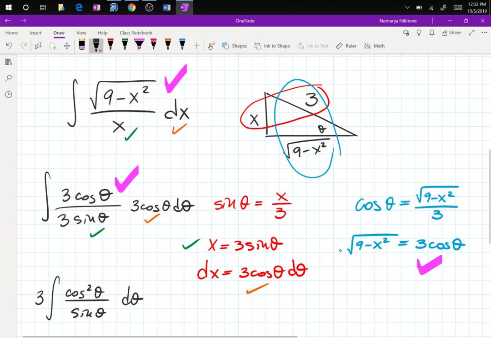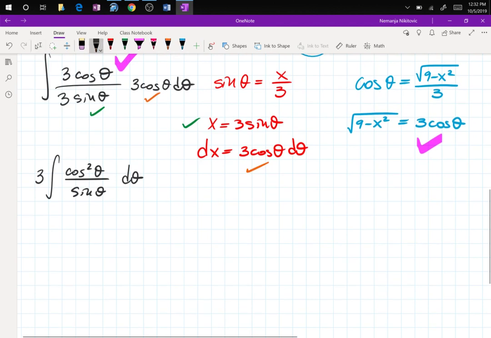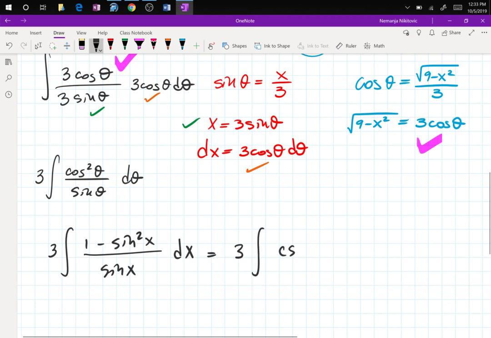So now we've got to integrate this monster. And as you observe here, we cannot use u substitution because sine is in the wrong spot. So what I can do here, it's a little bit unconventional, but again, we are going to write the cosine squared as 1 minus sine squared x over sine x dx, and that will give us 3 integral of cosecant x minus sine x dx.